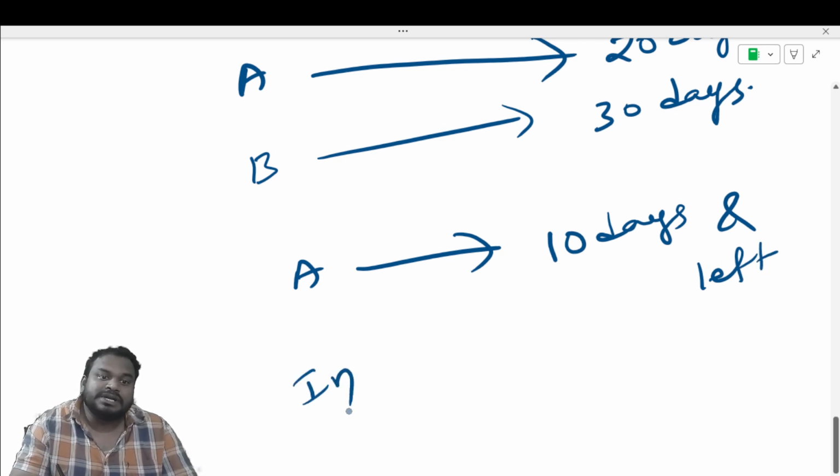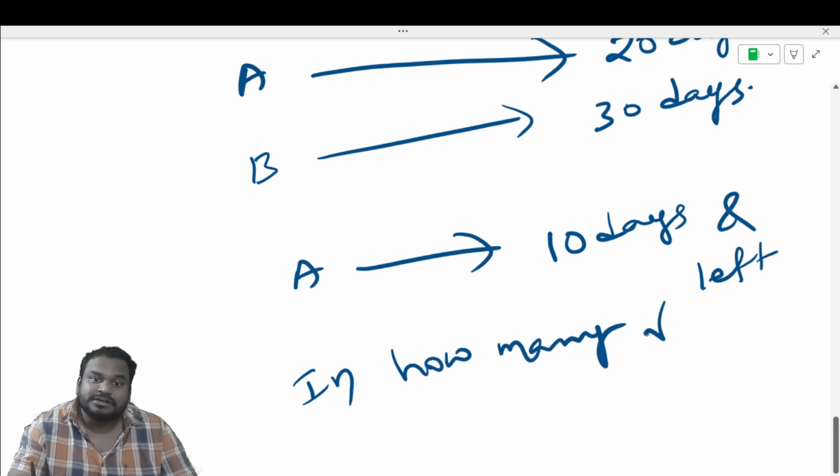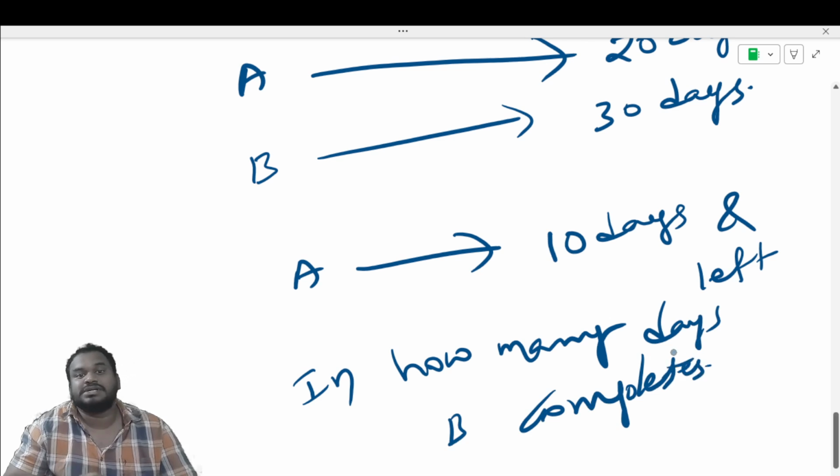Then in how many days does B complete? How can you do it in this case?